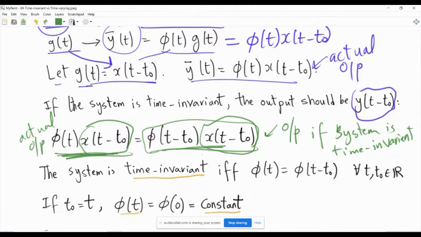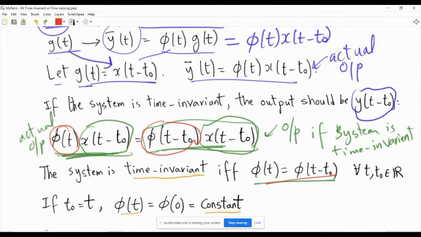So to get time invariance, you need phi of t to be equal to phi of t minus t0. And you need this for every t and for every t0. According to the definition of time invariance, it's not for a particular shift. It must be true for any shift.